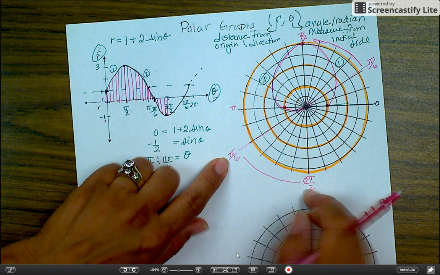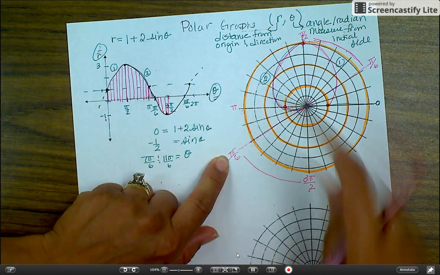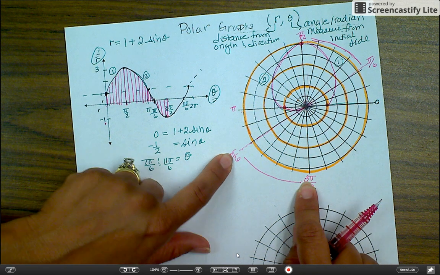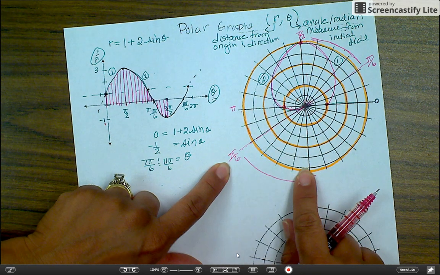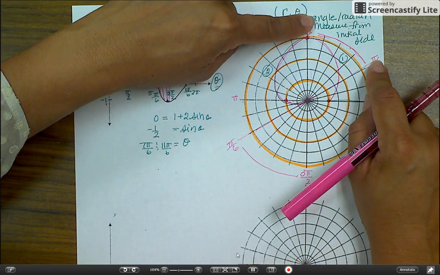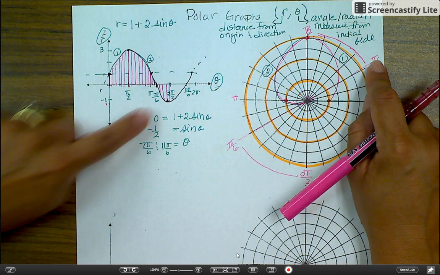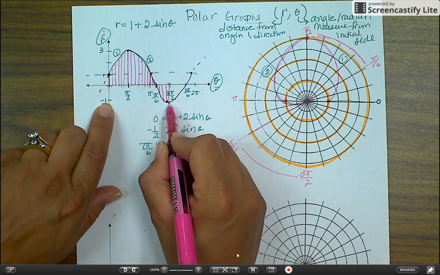7 pi over 6 to 3 pi over 2 is right here, but all of them are negative. So all my r's are negative. Therefore, there aren't going to be any points here. They're all going to be plotted on the opposite side, because all my r's are negative. So when I get to 3 pi over 2, my r is a length of 1.